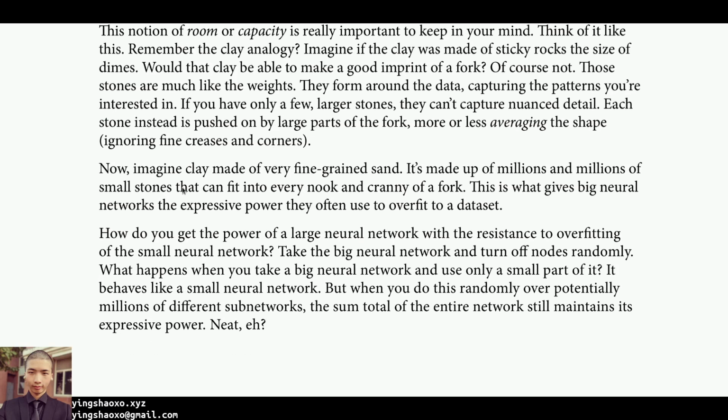Now imagine clay made of very fine-grained sand. It's made up of millions and millions of small stones that can fit into every nook and cranny of a fork. This is what gives big neural networks the expressive power they often use to overfit to a dataset.